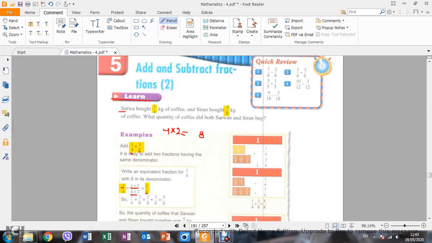At that time we write 2/8 instead of this one, put down 2/8 plus this number is 8, okay? So at the same time, we don't change this one. 8, 3/8.